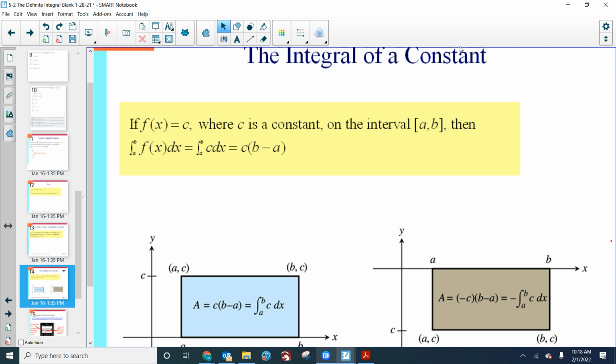What if c is negative? It's a negative area, right? Now, we can go back and forth on whether area can be negative or not. Some people might say it's an area of c times b minus a that has a signed value of negative. Whatever. All right. Do you understand this?